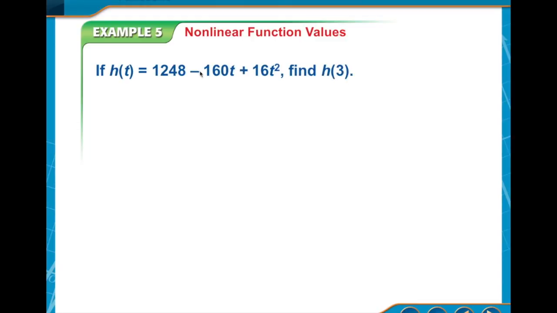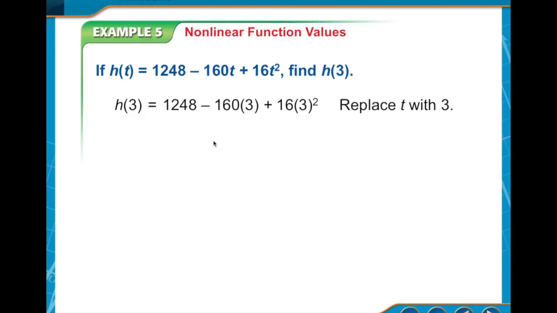So wherever there's a t, we're going to replace it with a 3 and then solve the right side of this equation. So the value of our function h when t is 3 equals, and then we replace everything with a 3. So 160 times 3, 16 times 3 squared.